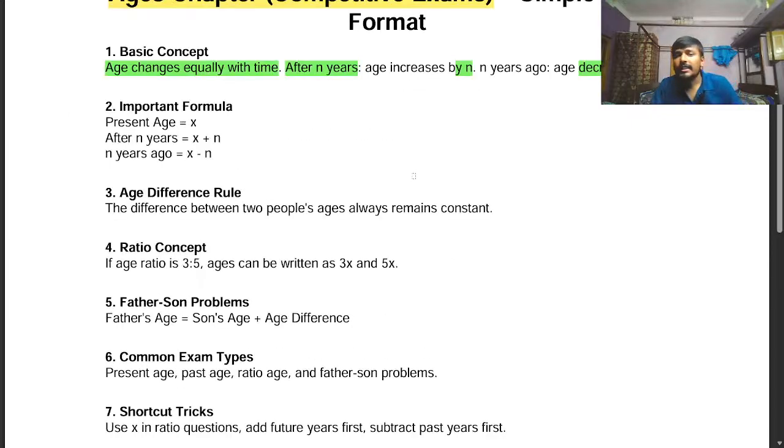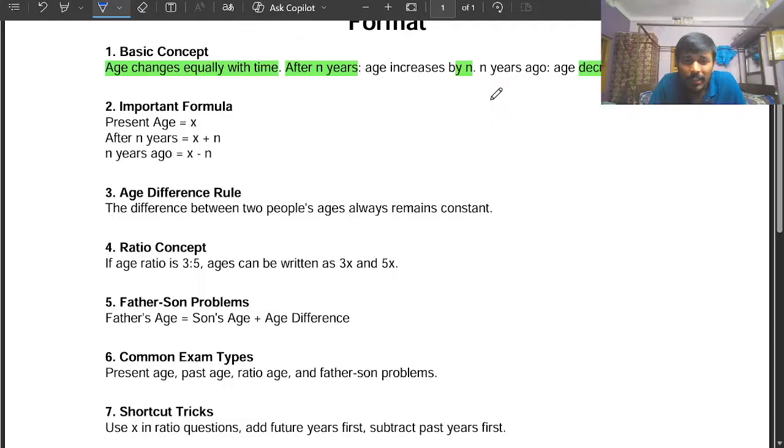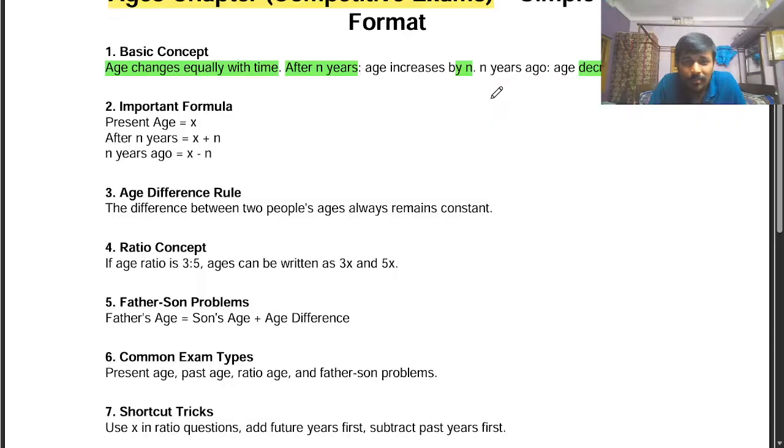Take an example. If my present age is 20 years, this is my present age.